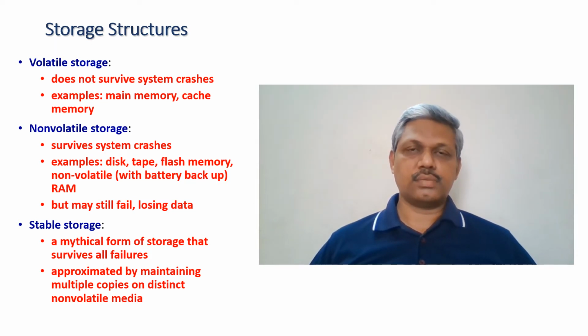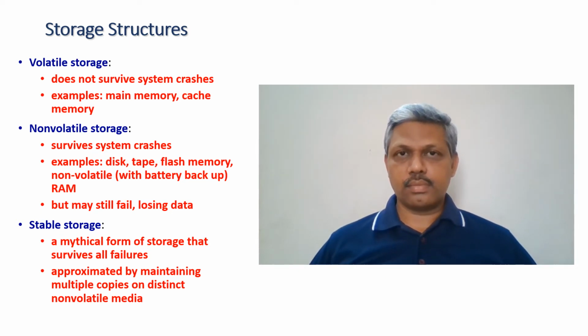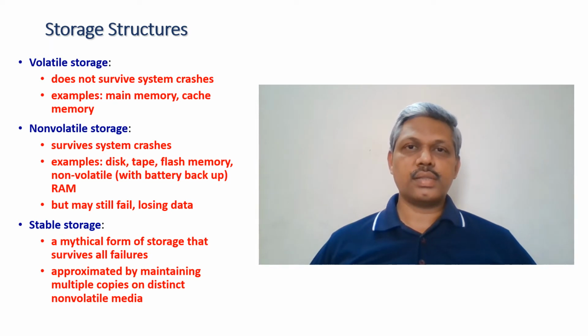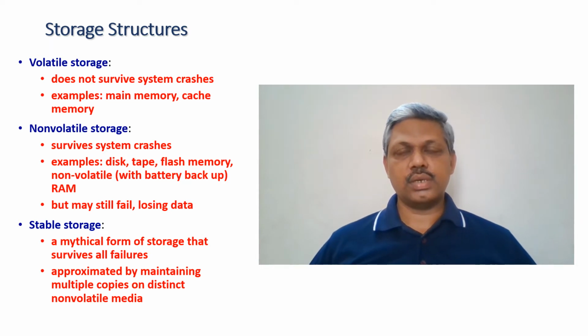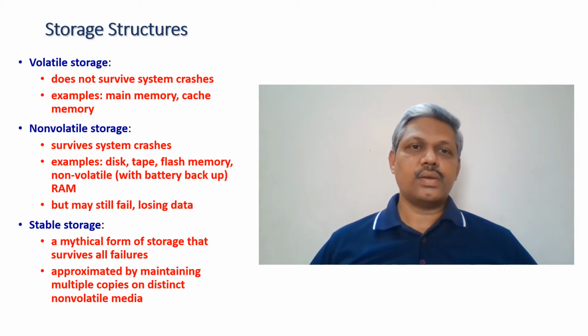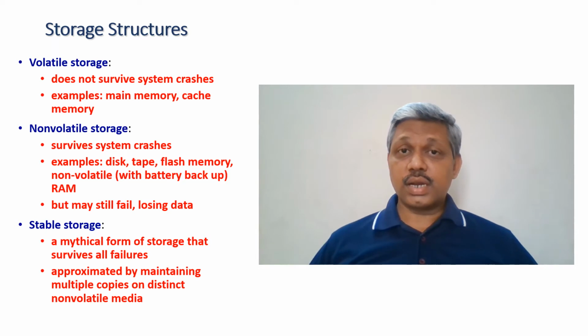A tape may get destroyed or corrupted. External flash may also get corrupted. So all these things are also prone to failure, but they are not as volatile as volatile storage. So it is secondary level.